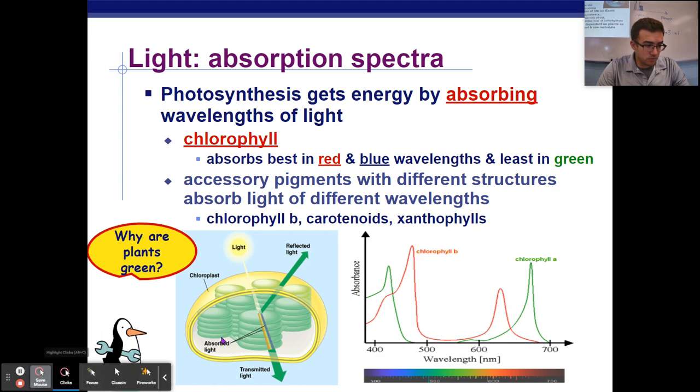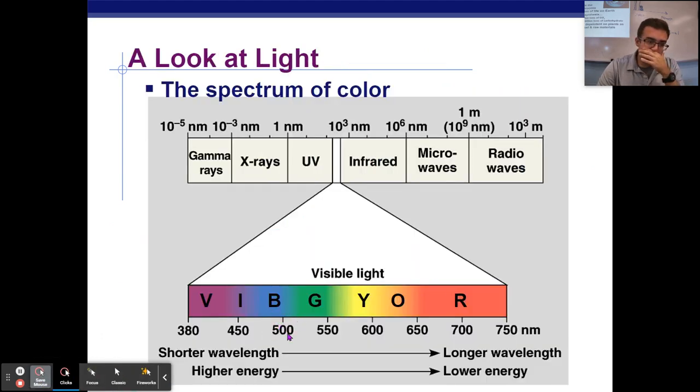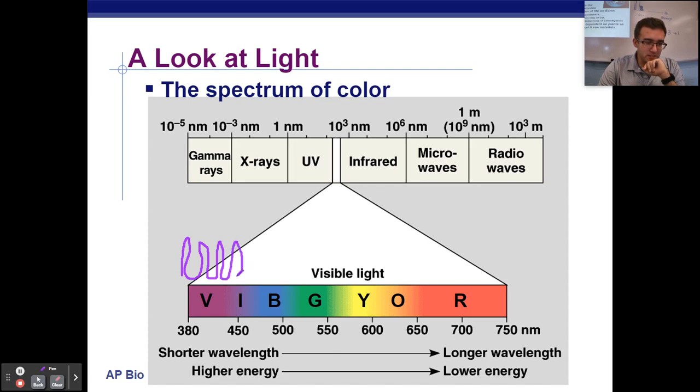The light absorption spectrum, if we were to look at it, is what this is. Light exists as a spectrum all the way from gamma rays to radio waves. Starting on the left, the waves have a short wavelength but high energy. The distance between the waves is short, and they're higher, so they have more energy.